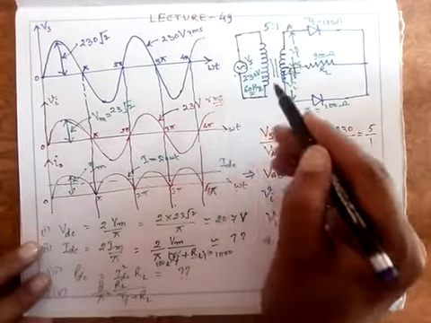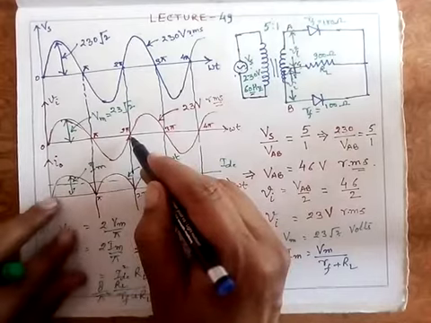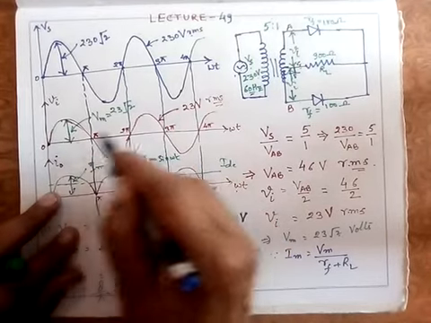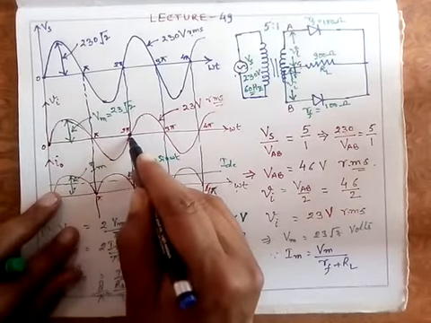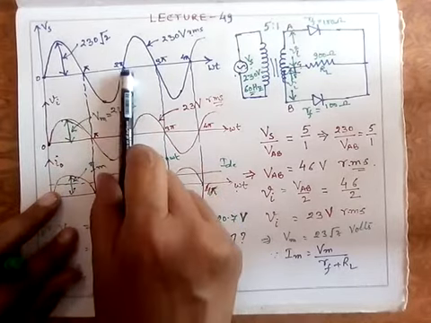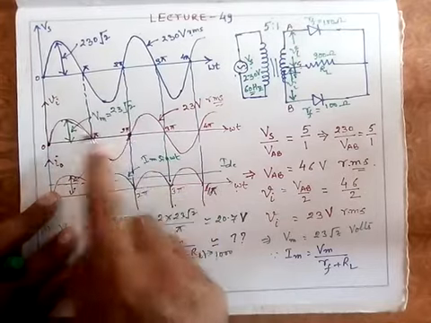Now look at this, what is the time period of this input signal? If you see, the time period of this input signal is 2 pi. We say fundamental period when it repeats; it is repeating after 2 pi.